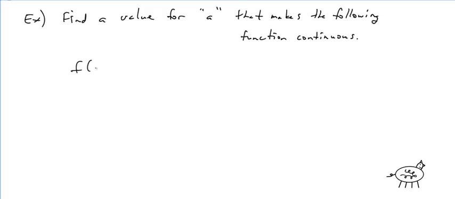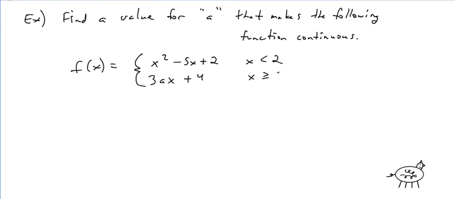Here's your piecewise function: f of x equals x squared minus 5x plus 2 when x is less than 2, and 3ax plus 4 when x is greater than or equal to 2.